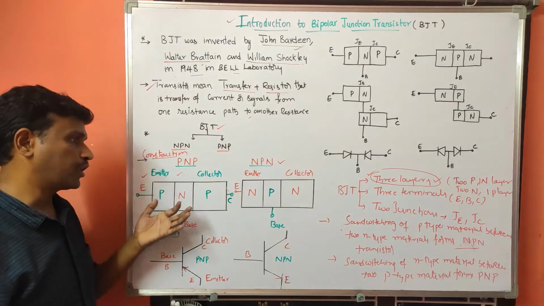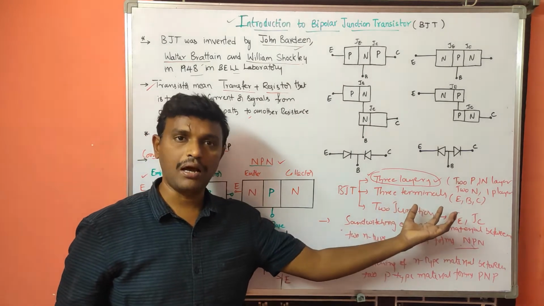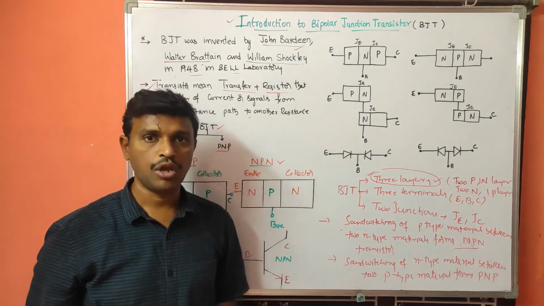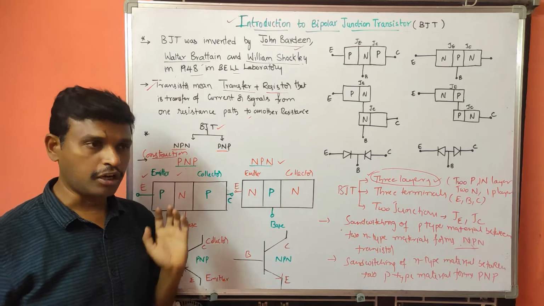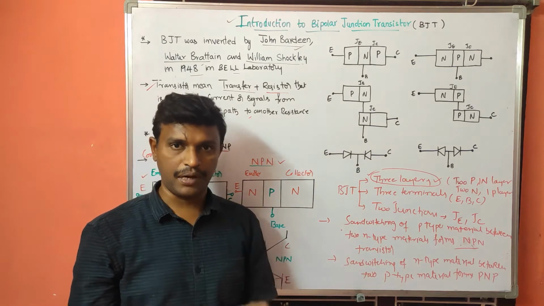Now we'll see how many terminals we have for a bipolar junction transistor. We have three terminals, whether it is a PNP transistor or an NPN transistor.